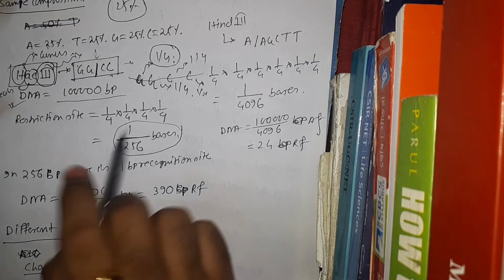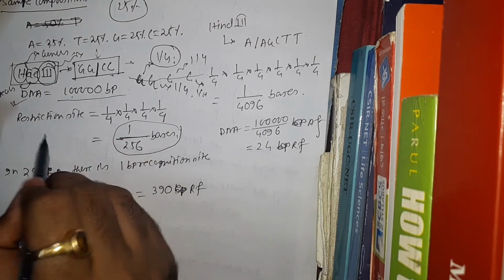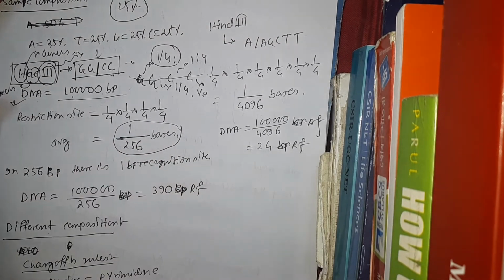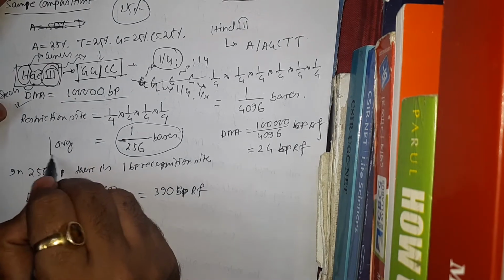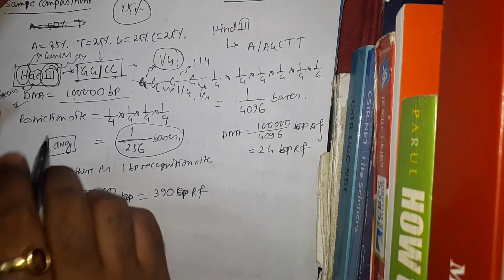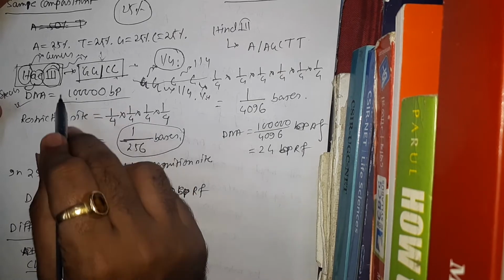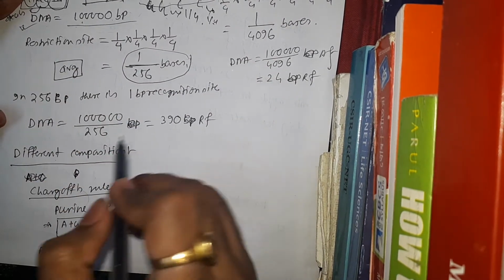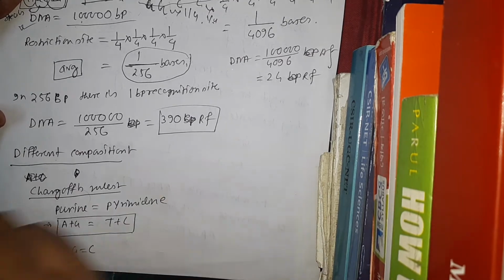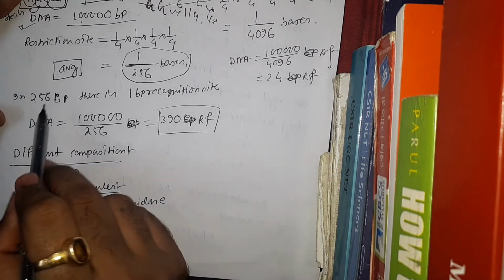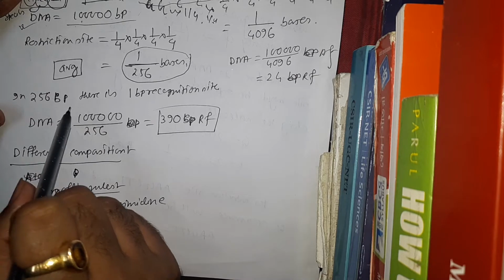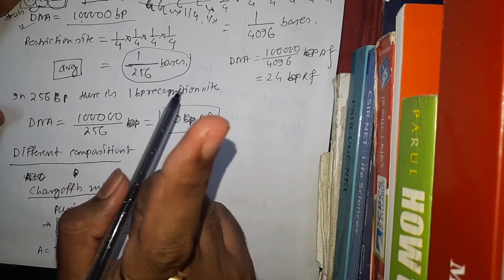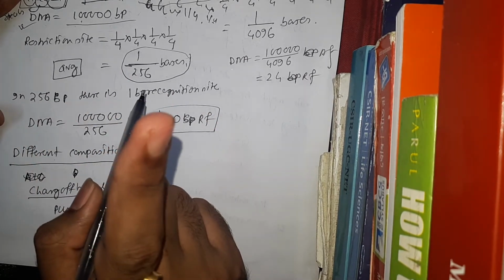Now if they give you the overall genomic length, and this is also the average fragment size, then you need to use the unitary method to find out how many restriction sites are present. That means in 256 base pair there is 1 recognition site, or you can say 1 restriction site.